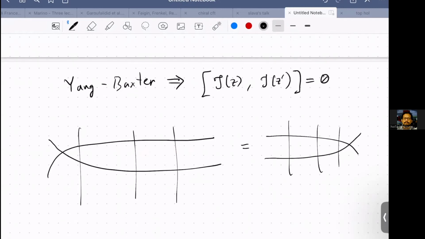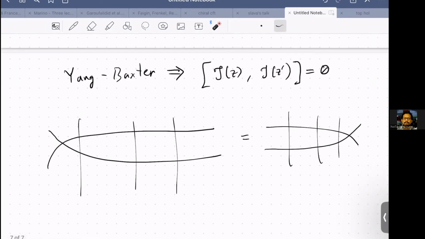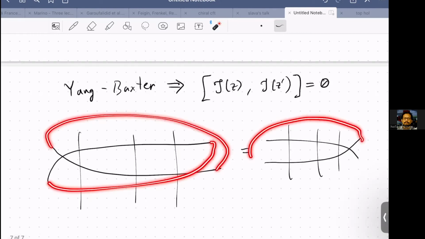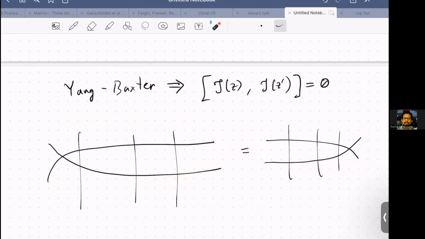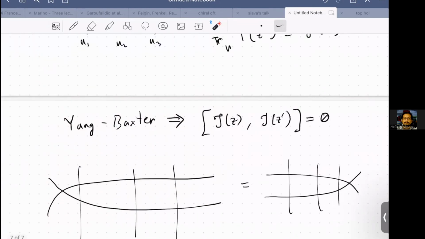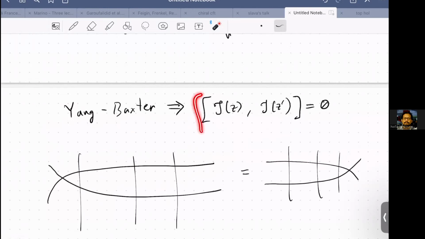So this is equal to this. First you show this, and then you show that if you have a trace now, so you identify this with this, and this with this, this with this, and this with this, then this picture implies that this line can be moved to the other side. So the ordering of these two operators can be swapped. So you can bring this here and bring this here, using this kind of move. And that's the same as saying that these two operators commute.